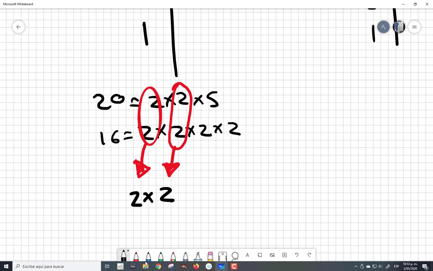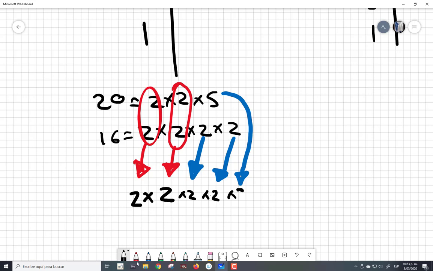But for the least common multiple, we are going to also include all of the numbers that were alone, even if they repeat. Okay? So we include these 2, these other 2, and this 5. So if we multiply 2 times 2, it's going to be 4, times 2 is going to be 8, times 2 is going to be 16, and times 5 is going to be 80.